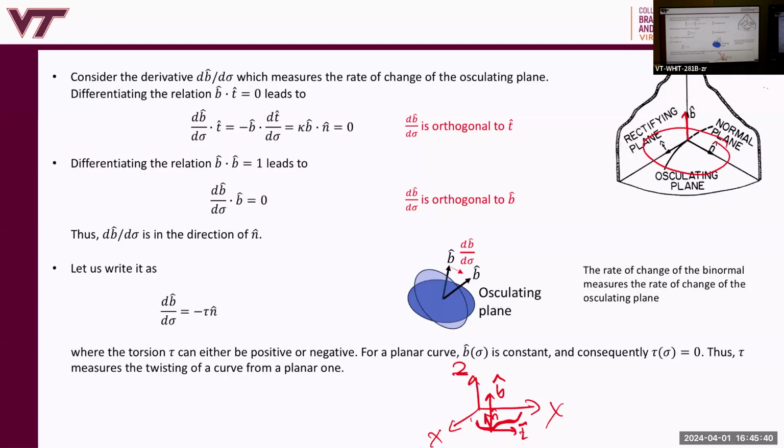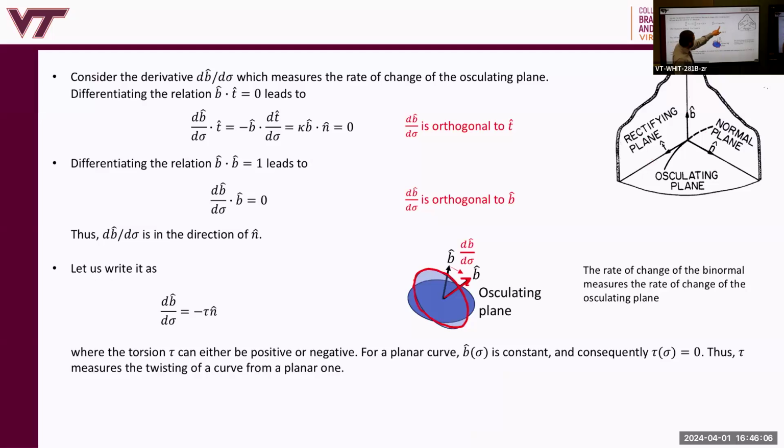So here we have the osculating plane, for example, this dark blue one, and it has this binormal. Now, if the binormal changes to some new plane, then the osculating plane tilts. If it twists or tilts, then dB/dσ measures the change in these two vectors.